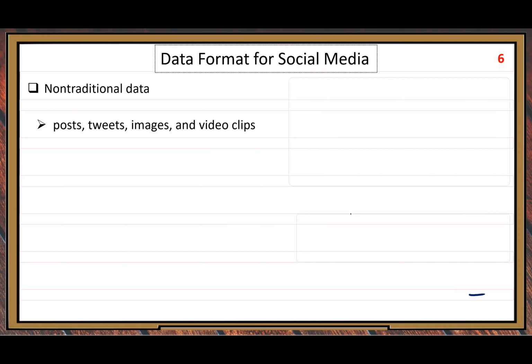That means the data is searchable. Based on keywords and hashtags, people can do the search. With a traditional database, you need to do some data processing before it is available for search. It takes time.